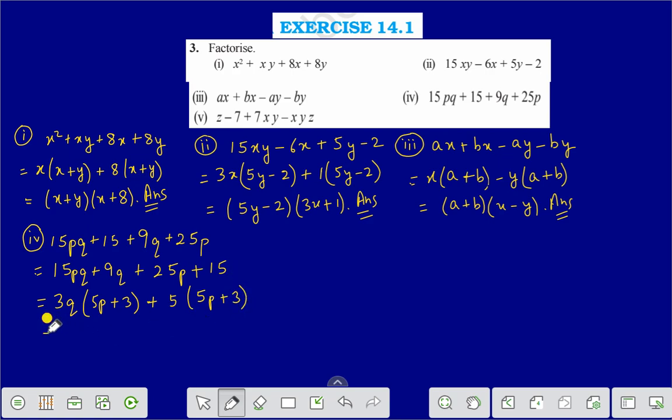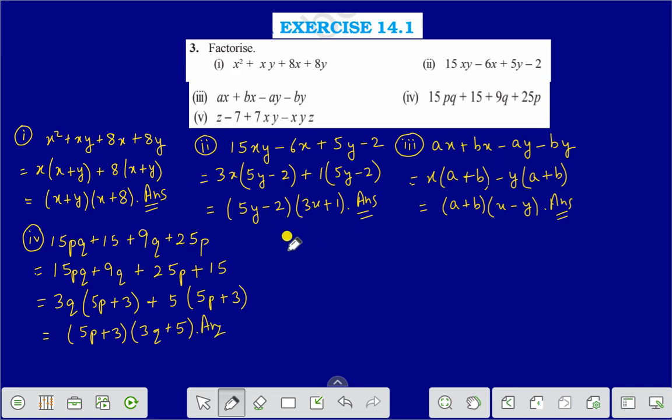If we take common 5p plus 3, then we are getting 5p plus 3 into 3q plus 5, and that is the answer of question number 4. The answer is 5p plus 3 into 3q plus 5.